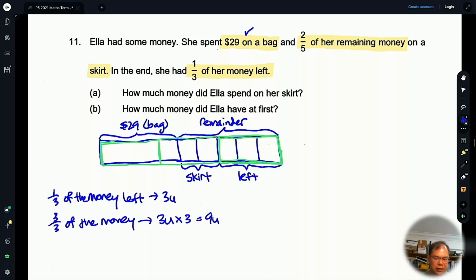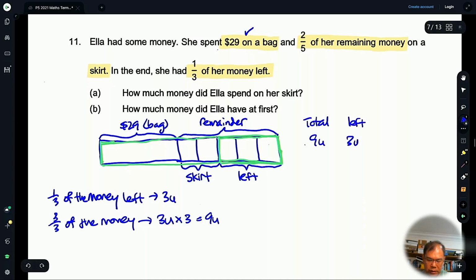So in this case, I'm going to erase this for a while. So if you have 9 units altogether and you have 3 units of money left, okay, so total 9 units. Now amount of money left is 3 units.